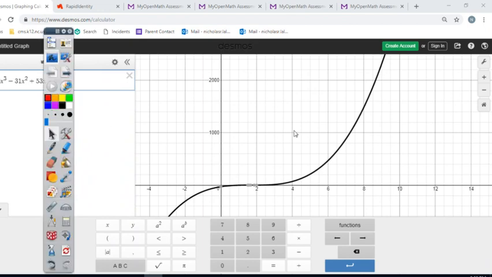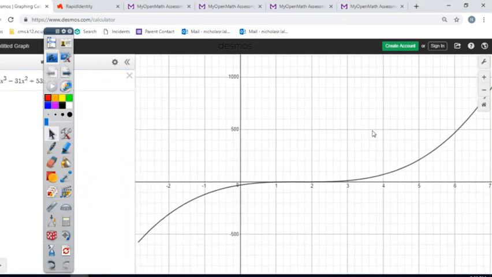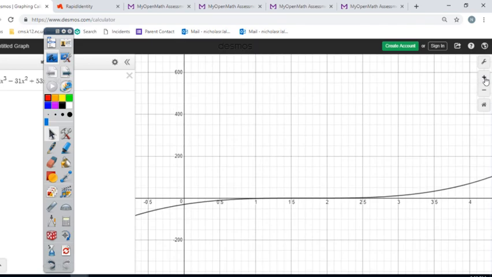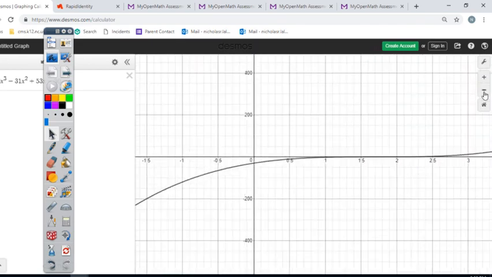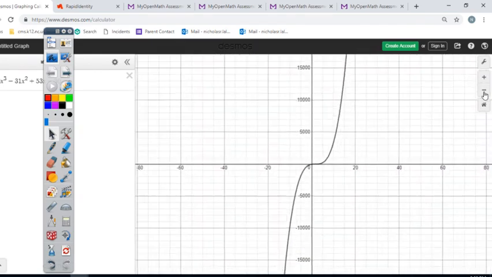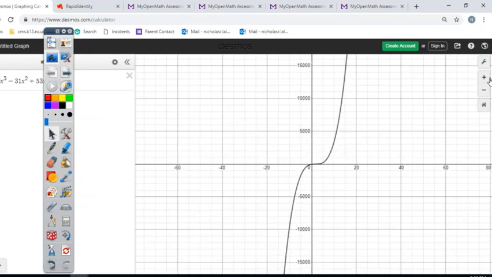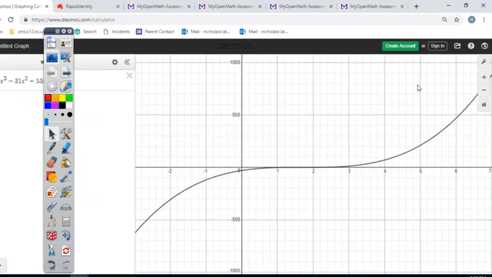Okay, so let's find these real zeros. So it looks like all our real zeros are in this interval right here.